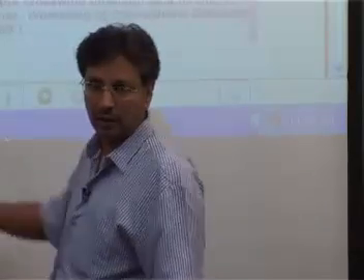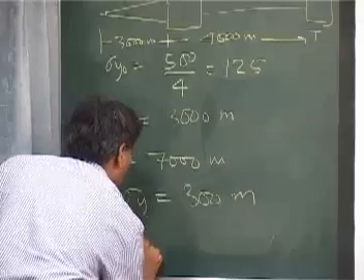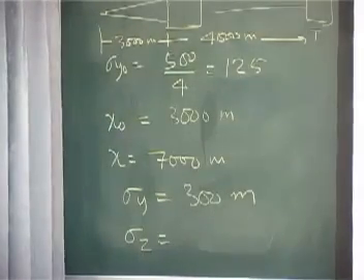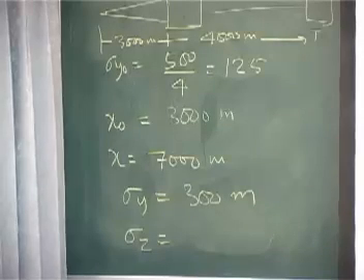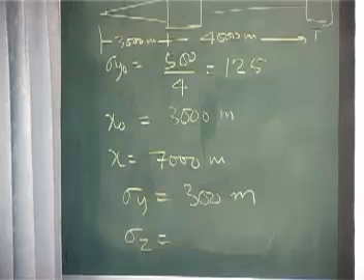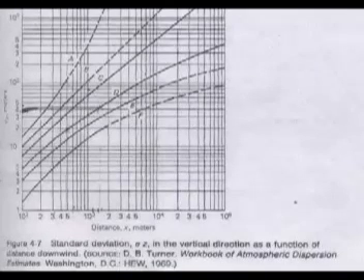$300. Okay. On sigma z, start from 5, 6, 7.